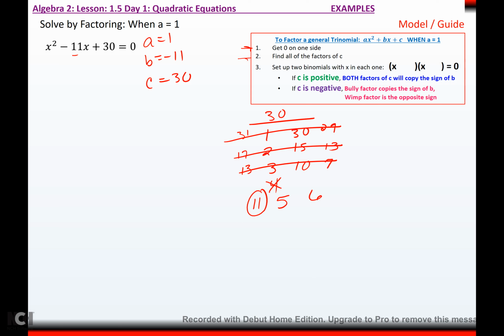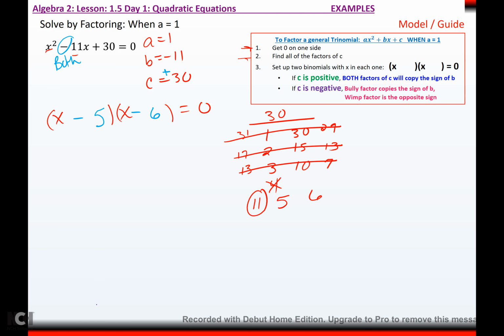There's my pair. So I'm going to have two binomials. The only way to get x squared is x times x. And the factors of 30 that I want are 5 and 6. Then all I have to do is figure out the sign. Since C is positive, they both get the middle sign. Okay, factoring is done.